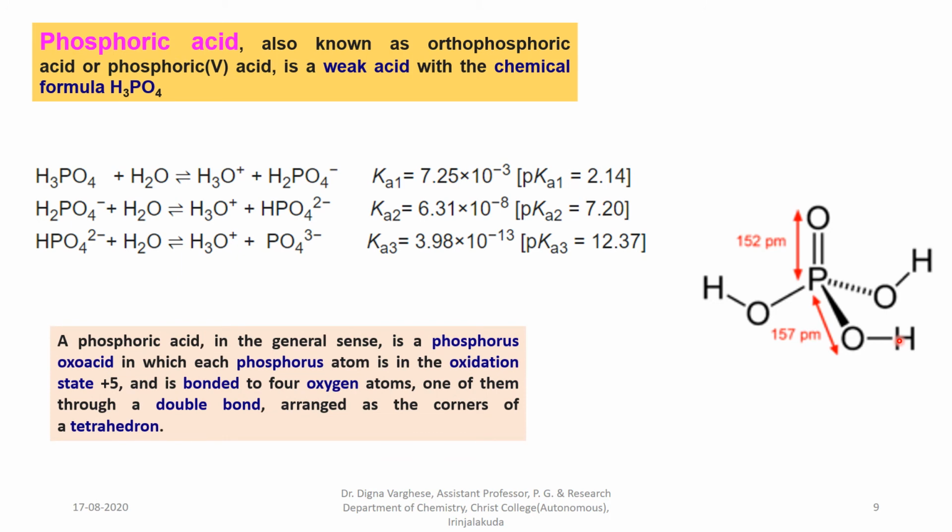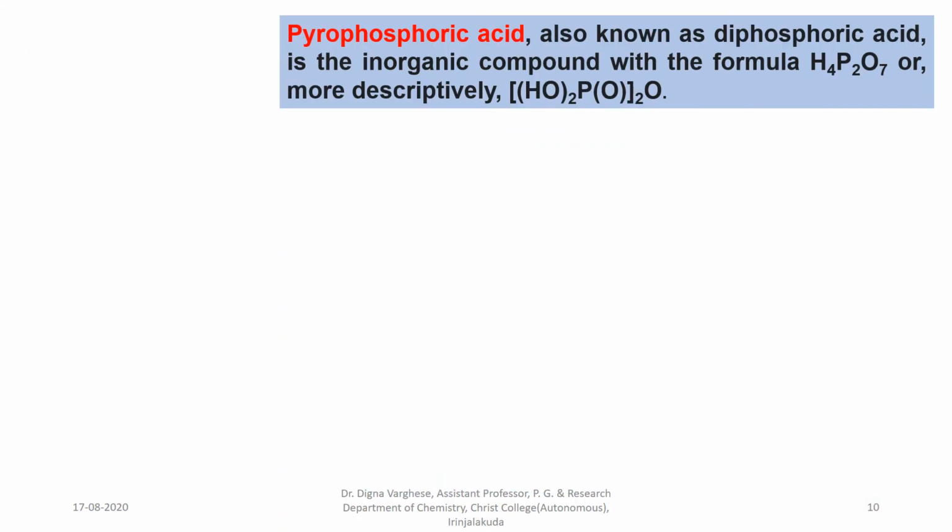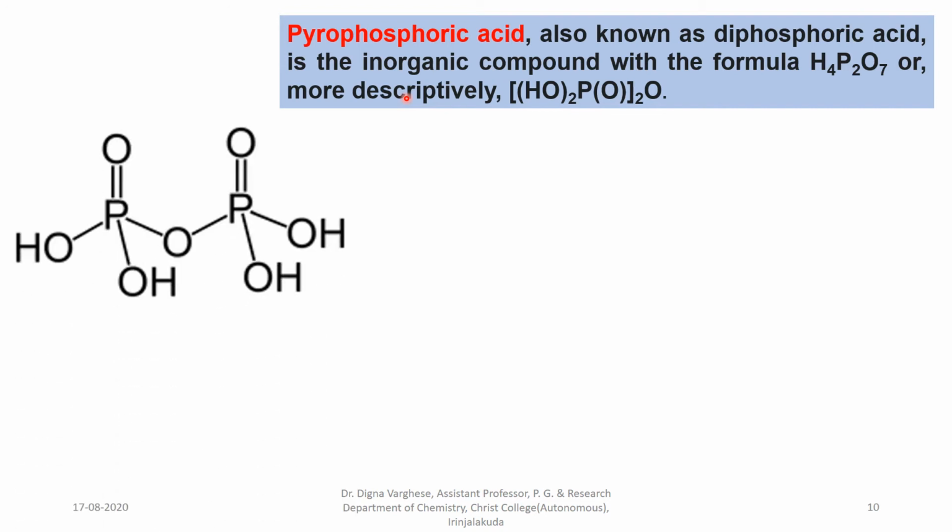Phosphoric acid in the general sense is a phosphorus oxoacid in which the phosphorus atom is in the +5 oxidation state, bonded to 4 oxygen atoms which are placed at the corners of a tetrahedron. So its structure is tetrahedral. Pyrophosphoric acid, which is also known as diphosphoric acid, is an inorganic compound having the molecular formula H4P2O7, and its structure is shown here, in which 2 phosphorus atoms are connected by an oxygen bridge.